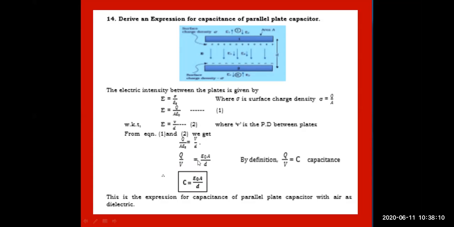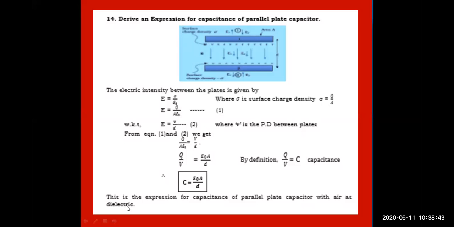So Q by V is equal to A into epsilon naught divided by D. For reference, I'm just rearranging it and writing epsilon naught into A divided by D. By definition, Q by V is nothing but the capacitance C. Therefore, C equals epsilon naught A divided by D. This is the expression for parallel plate capacitor with air as the dielectric.